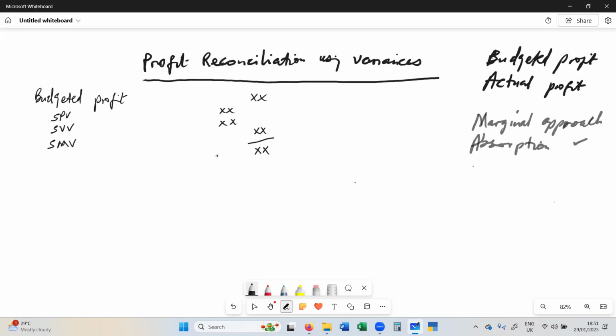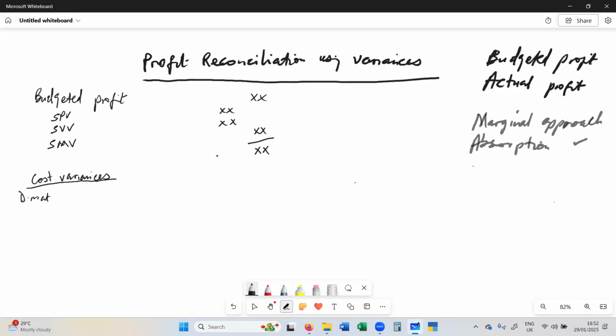Then you now come to the cost-related variances. So cost variances. If we are starting with material, you can have direct material.